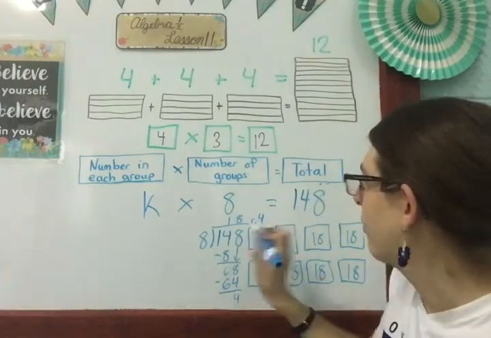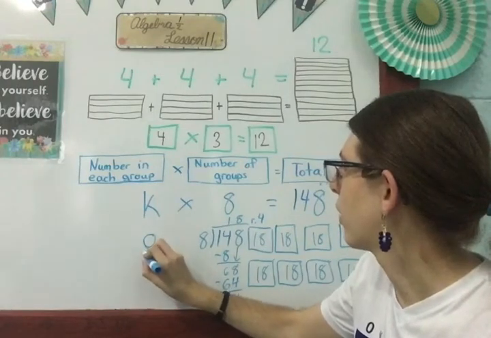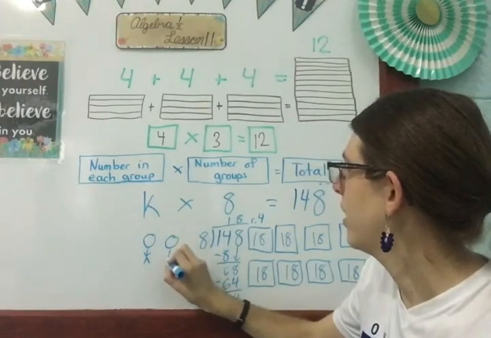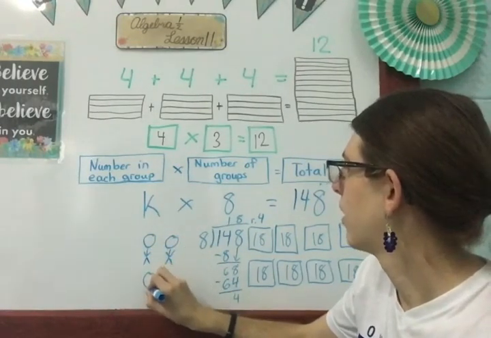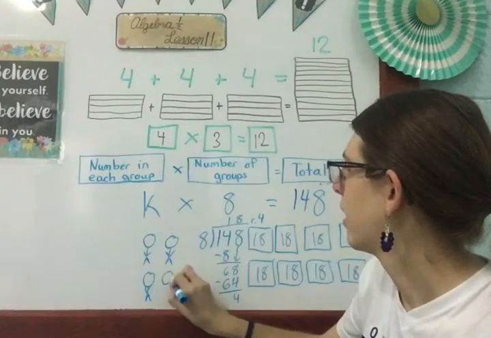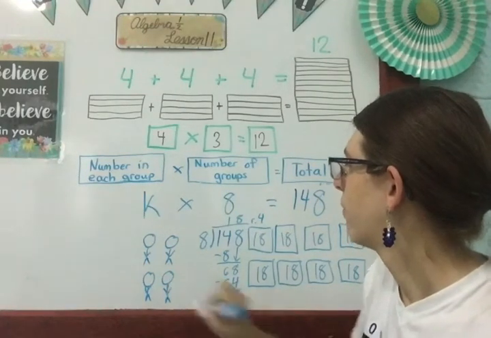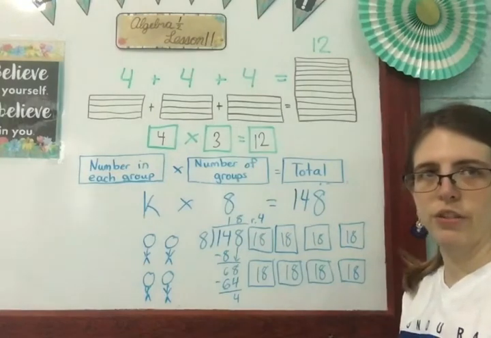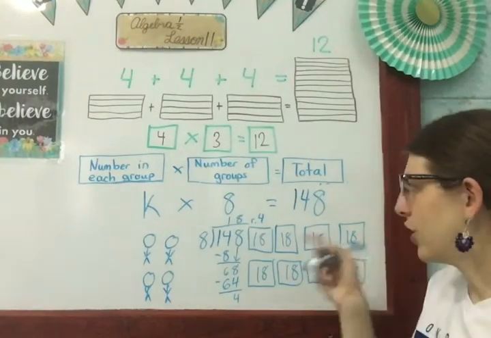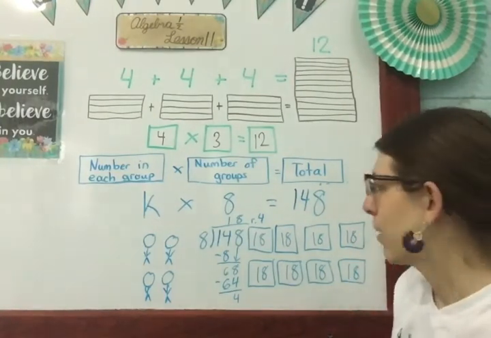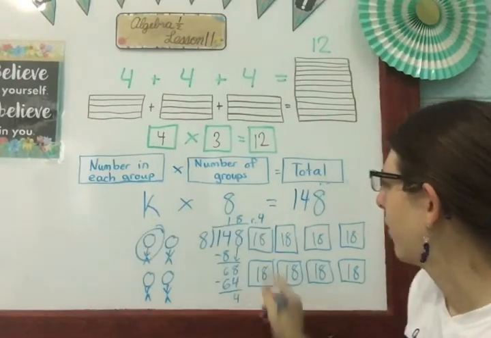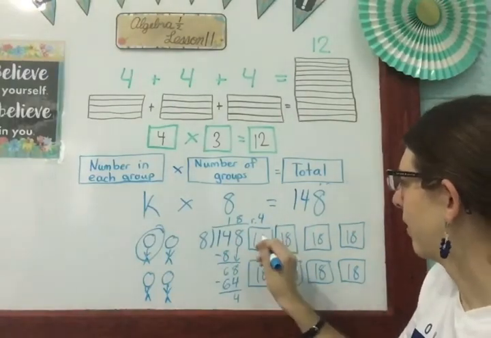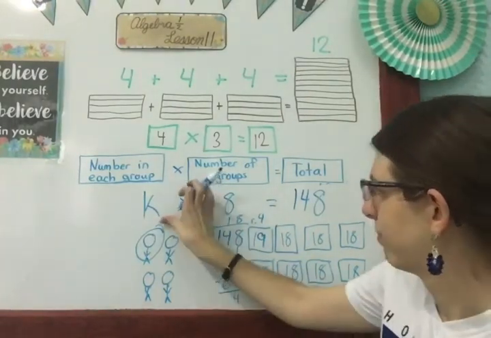But now I have 4 kids left over. 1, 2, 3, 4. Okay, there are my 4 leftovers. So I want to fit them each into a space as well. So I'm going to take this kid right here, and I'm going to put him in this space, 19.